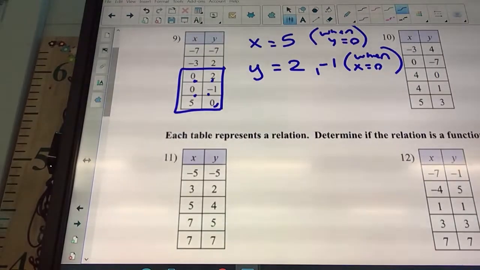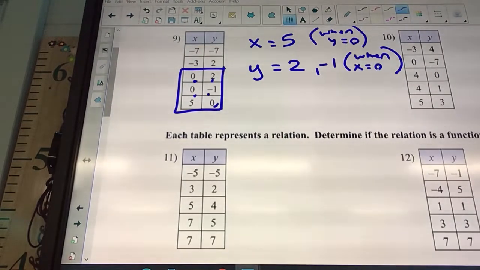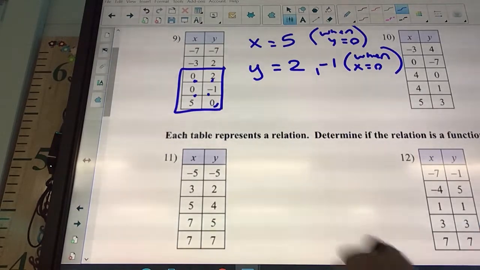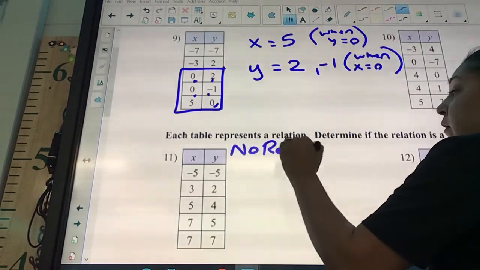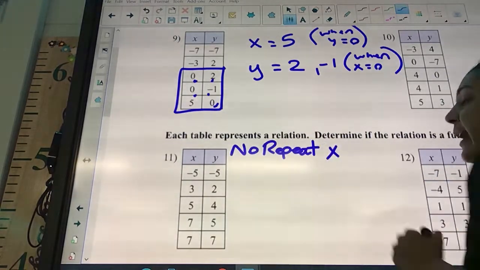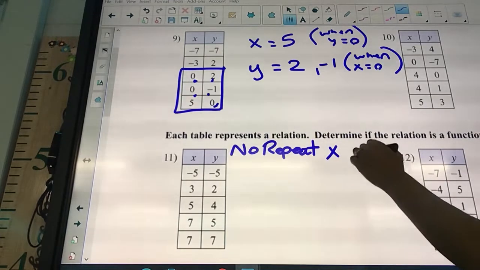Okay, each table represents a relation. How can you tell if it's a function? The number for the... what numbers though? The x values. So, no x values can repeat.